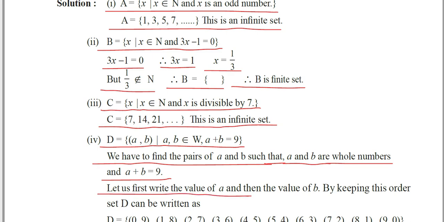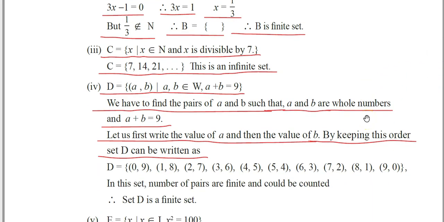Let us write the value of A and then the value of B by keeping their order. The set can be written as, now the first is 0, 9, 1, 8, 2, 7.